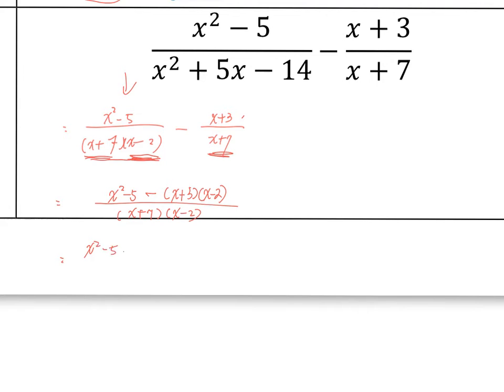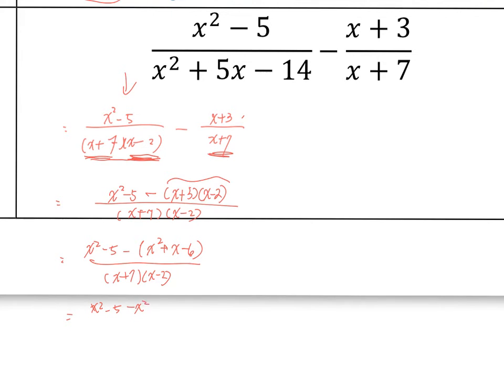Now I need to expand this part. So that'll be x squared plus x minus 6. And then I need to distribute the negative 1 in.